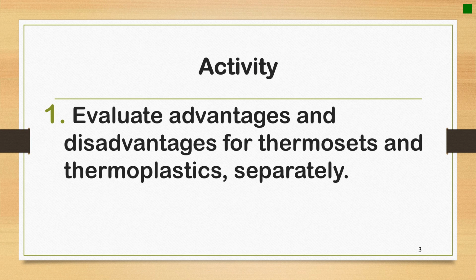So here there is an activity about this, where you are asked to identify the advantages and disadvantages for thermosets and thermoplastics separately. It means that you will find one advantage or two advantages of thermosets and two advantages for thermoplastics, as well as disadvantages for each of them.